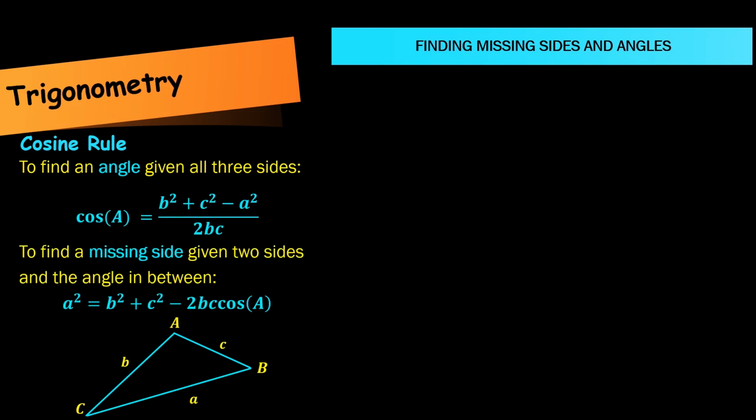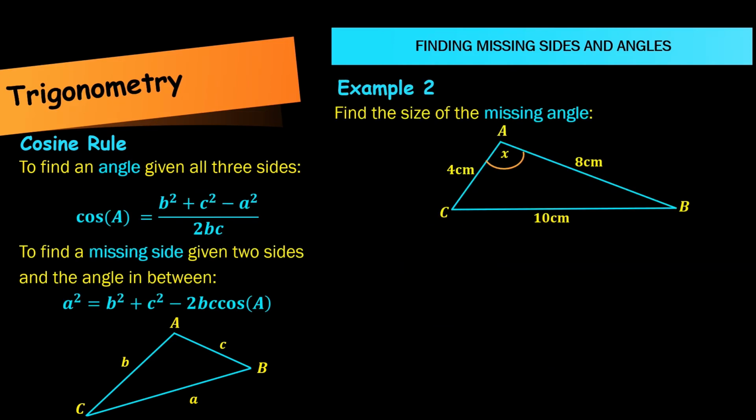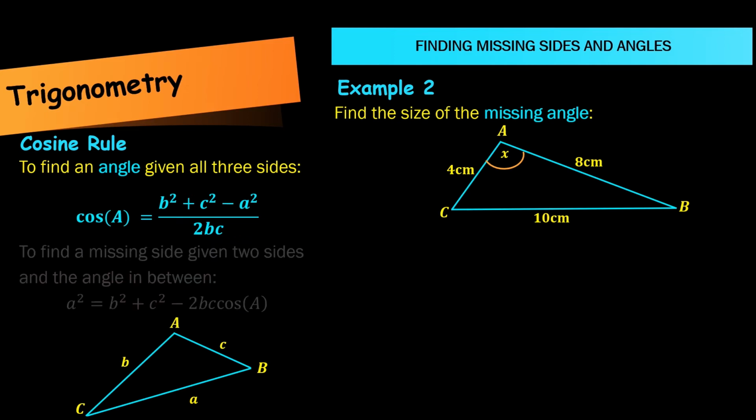Now let's take a look at example 2. We are required to find the size of the missing angle in the diagram shown in example 2. We're going to use the highlighted formula.